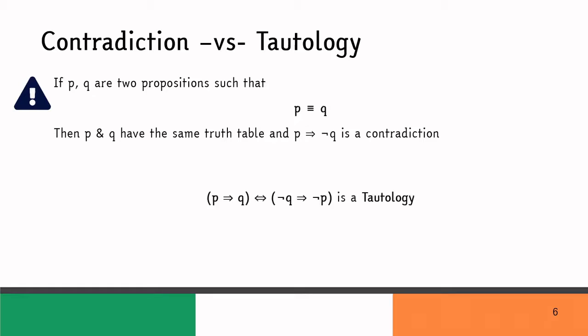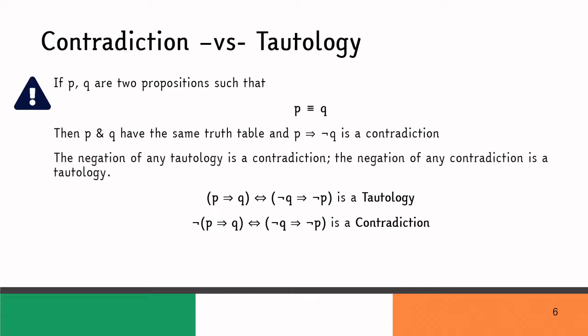We saw in the previous slides how P implies Q equivalent to negation of Q implies negation of P is a tautology, and also how the negation of P implies Q equivalent to negation of Q implies negation of P is a contradiction. If we compare these two statements, we can understand the relation between a contradiction and a tautology. The general principle is that negation of any tautology is a contradiction and vice versa.